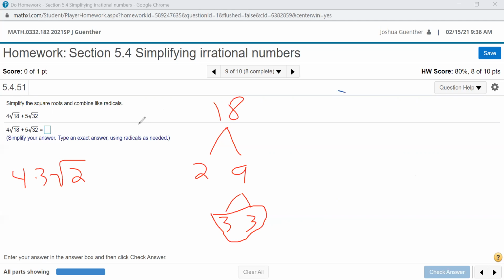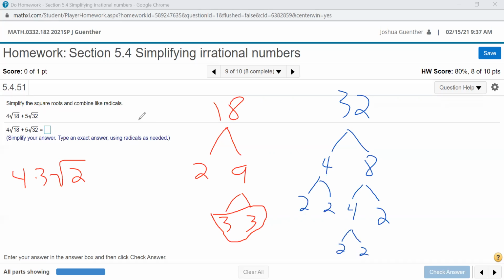Now 32, well, there's a couple ways you can write that. You can call that 4 times 8. 8 can be written as 4 times 2. The 2's. And so you have a number of pairs. You have a pair here and a pair here, but then you have an odd man out 2.